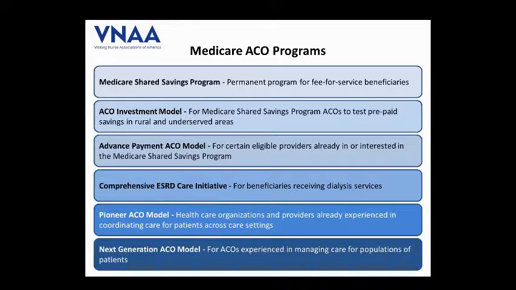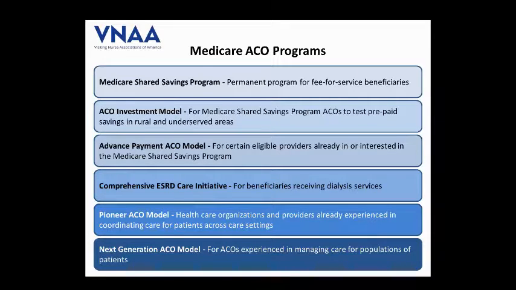And then finally, there are the Pioneer ACO model and the Next Generation ACO model. These are much more advanced ACO models for organizations that already have significant experience coordinating care for beneficiaries, perhaps even taking risk for them for some or all of their services. And the Next Generation ACO is one that's operated through the Center for Medicare and Medicaid Innovation, where there are a number of waivers available to providers, and providers can ask CMS for even other waivers that they've thought up, that would allow them the flexibility to test new models of care.